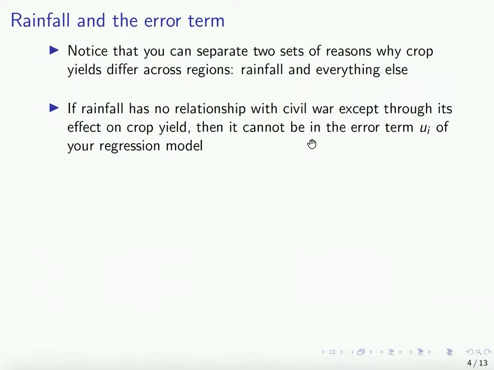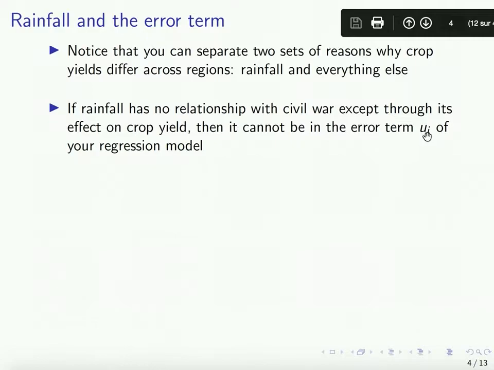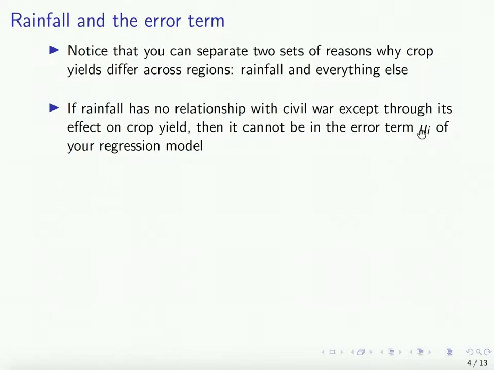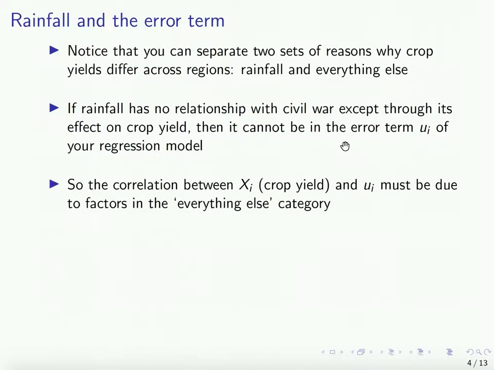Again, if that's the case, then rainfall is not a determinant of civil war and is therefore not in your error term. So the correlation between crop yield and ui must be due to factors in the everything else category.